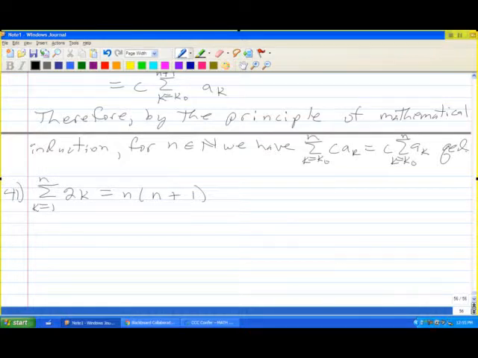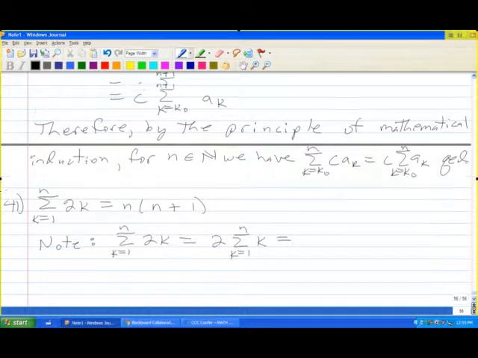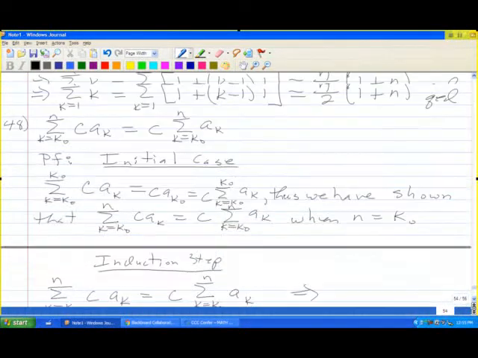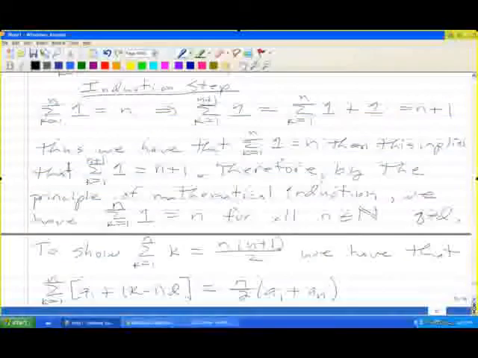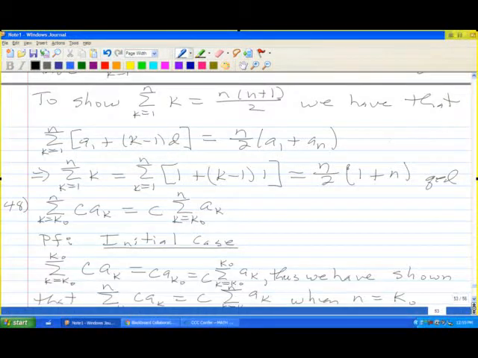Well, note the following. So we could actually derive this formula. Note that this is the sum k equaling 1 to n of 2k. By the very last thing that we proved, this is just 2 times the sum k equaling 1 to n of k. But by the previous thing that we had proven, we did show that.